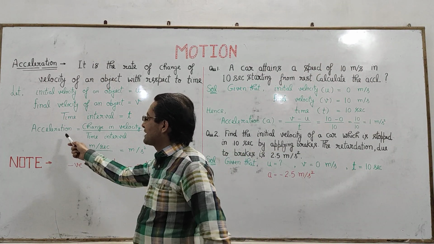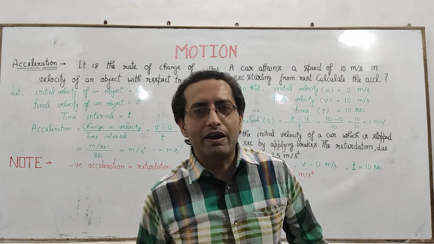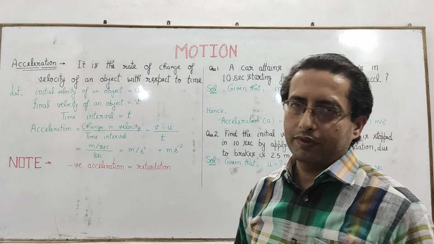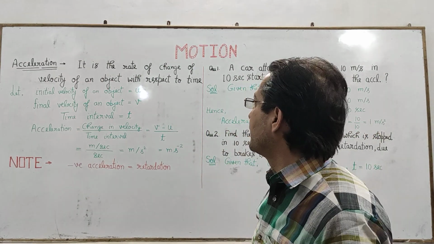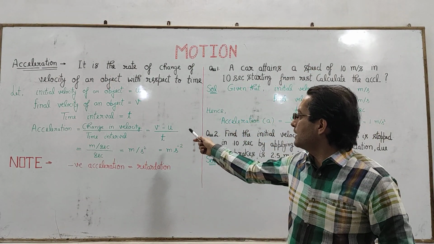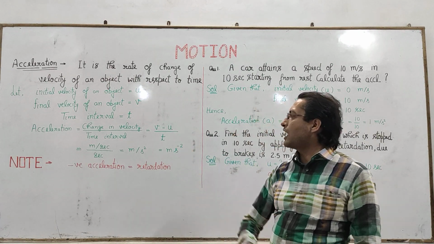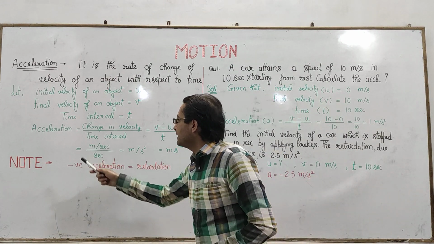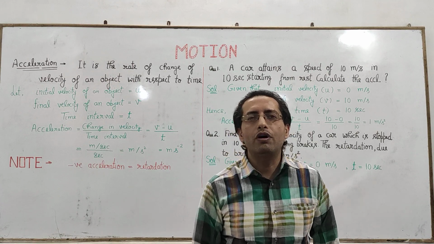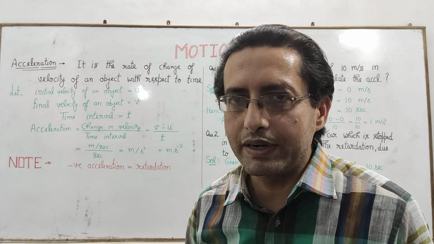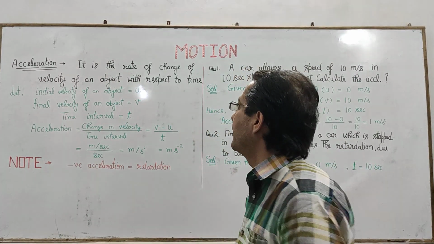In this way, acceleration is equal to the change in velocity with respect to time. So it is equal to final velocity minus initial velocity upon the time taken, and it is represented by a small a. Acceleration is represented by a small a.